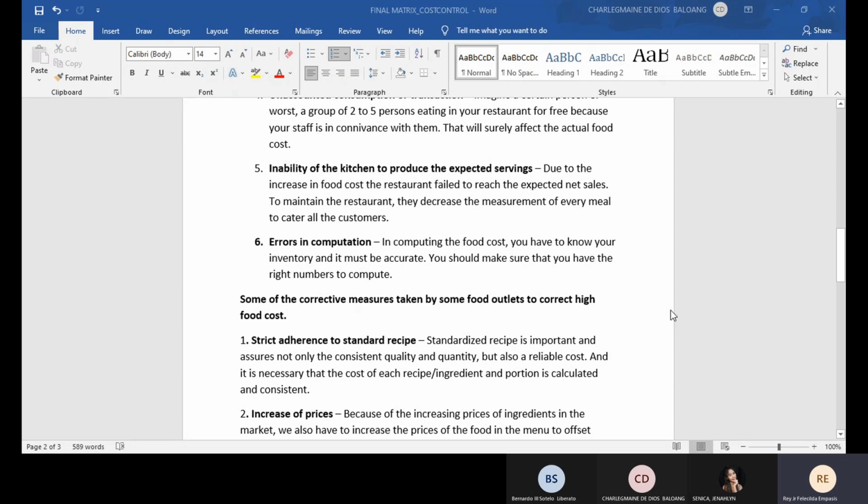There are three major sources of error in computation. And these are human error, transaction error, and rounding error.